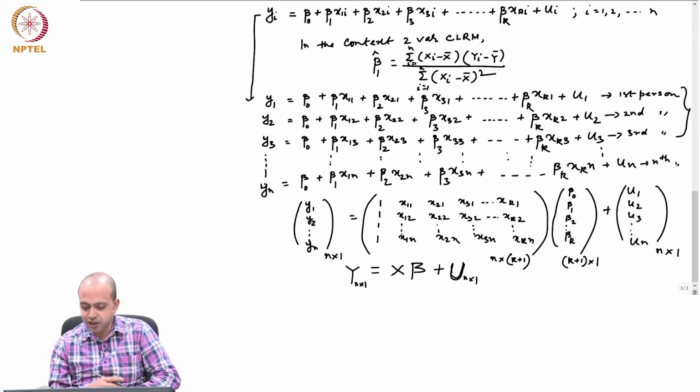Now, if you compare this with the format we were discussing, yi equals beta x plus u, you can observe the difference.